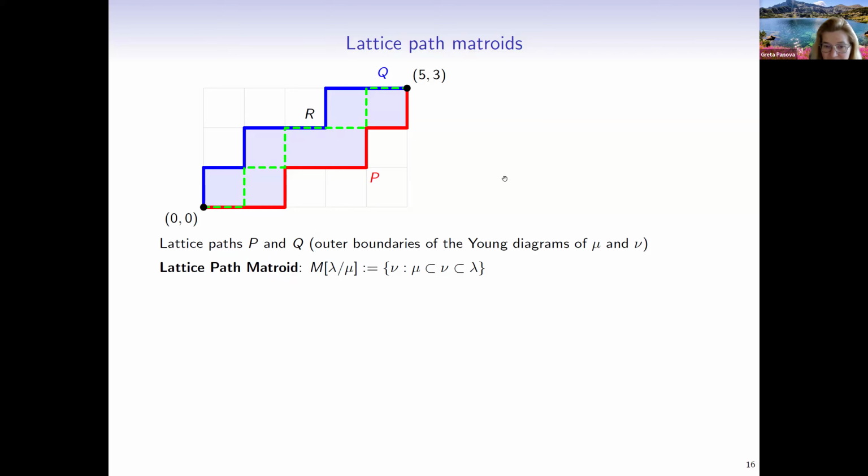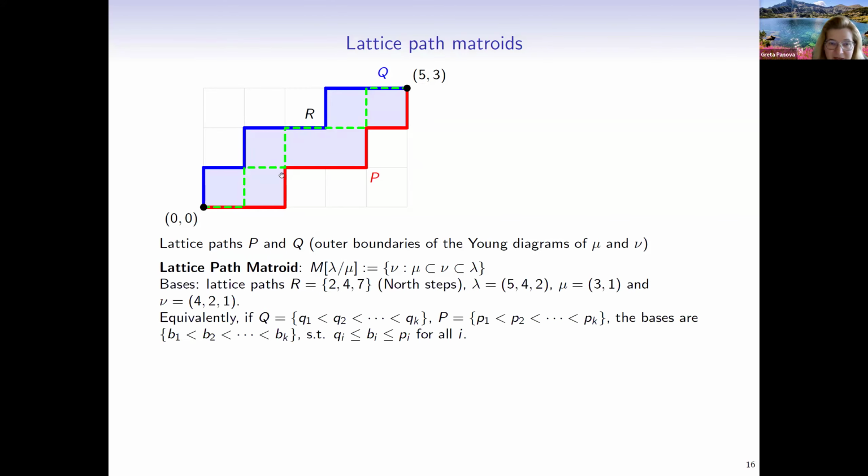We can actually encode it in terms of partitions contained in the inner and outer partitions, mu and lambda. How do you record the set? You record at which points the up steps happen. Here in this path R, 1 is horizontal, 2 is vertical, 4 is vertical, 7 is vertical.